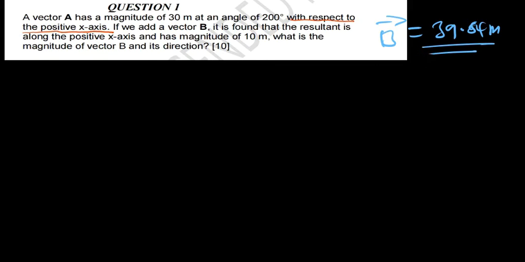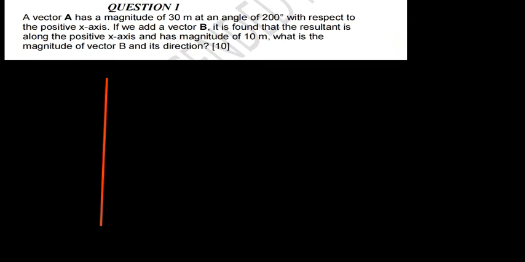So the terms which they like using under vectors are: if I have this, we know that this is east, south, north, west.